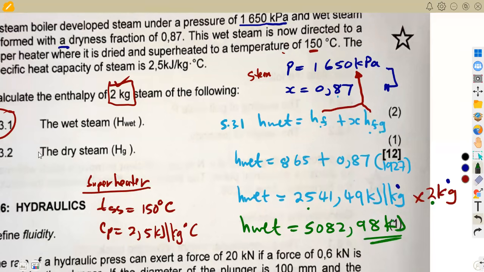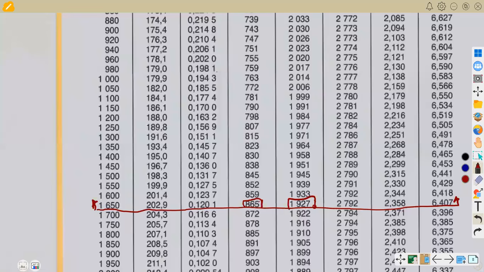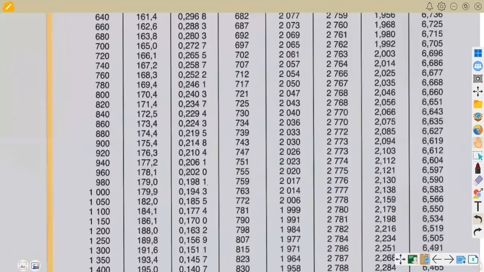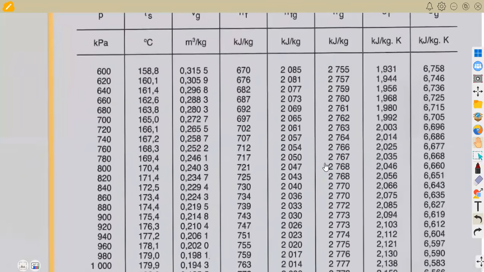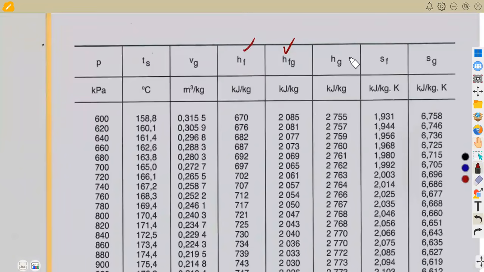All right, then the enthalpy of dry steam, which is hg in this case. Hg is just taken from our steam table again, at the same pressure of 1,650. If you check there, there is a value for hg, next to hfg.